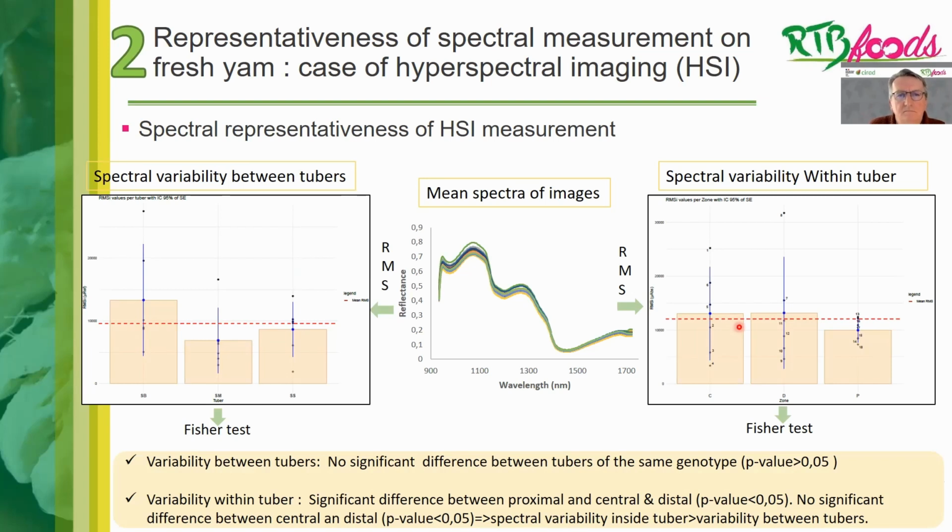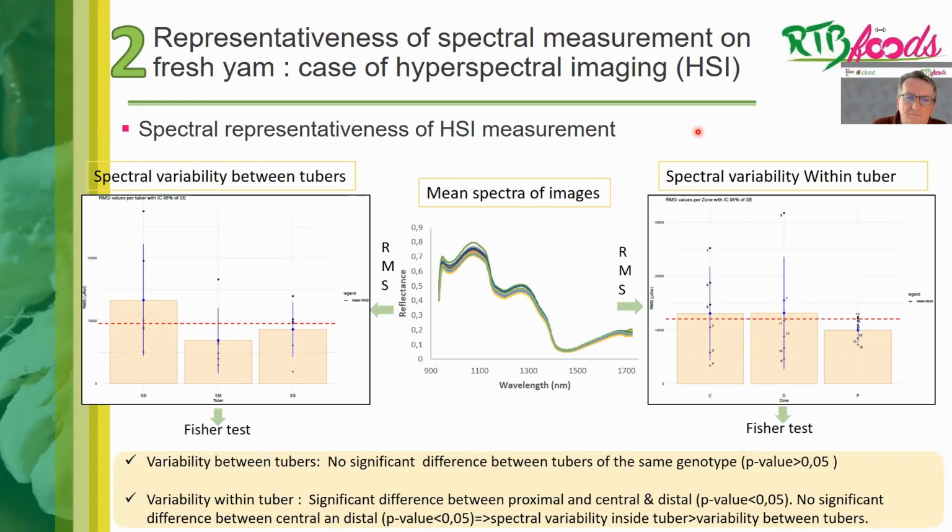Okay. Another question. Yes, well, I need to do some reading on the statistical analysis of differences. But still, a question compared to cassava. In the case of cassava, we can see a lot of differences between different tubers.